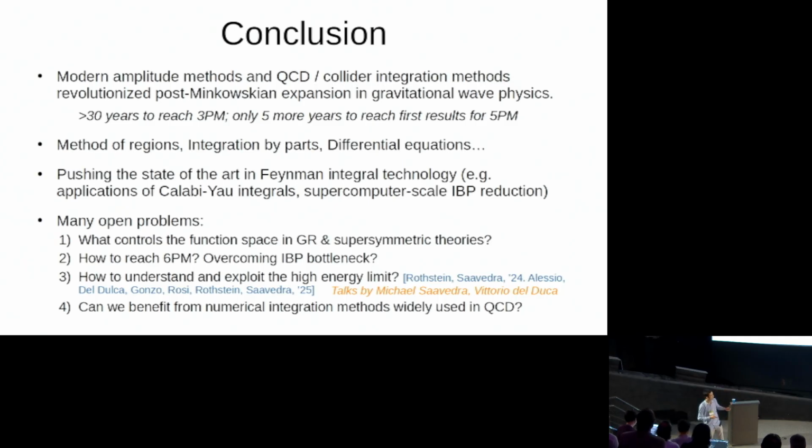For example, the high energy limit, which people have been starting to look at. There are interesting things like global regions that can be relevant, and do you really have a full classification of all the necessary regions? Maybe there's something to benefit from the literature on finding hidden regions. Right. Thank you.